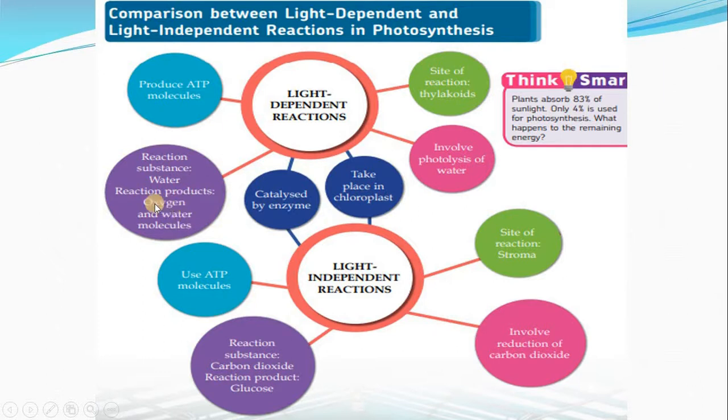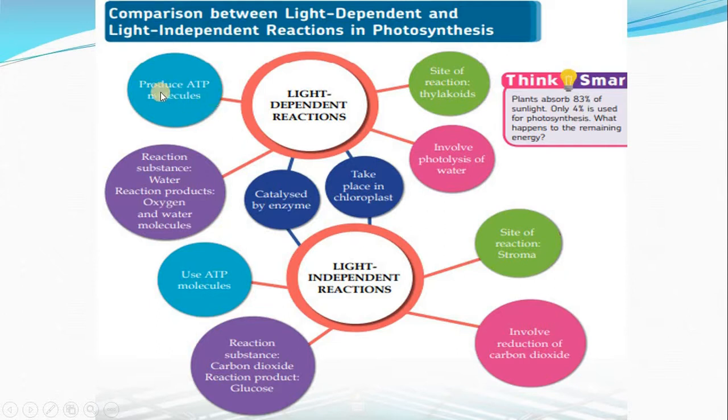Oxygen comes from hydroxide ions that lose an electron and form hydroxyl groups, which combine with each other and form oxygen and water. For the light independent reaction, the reaction substance needed is carbon dioxide, and the reaction product is glucose.